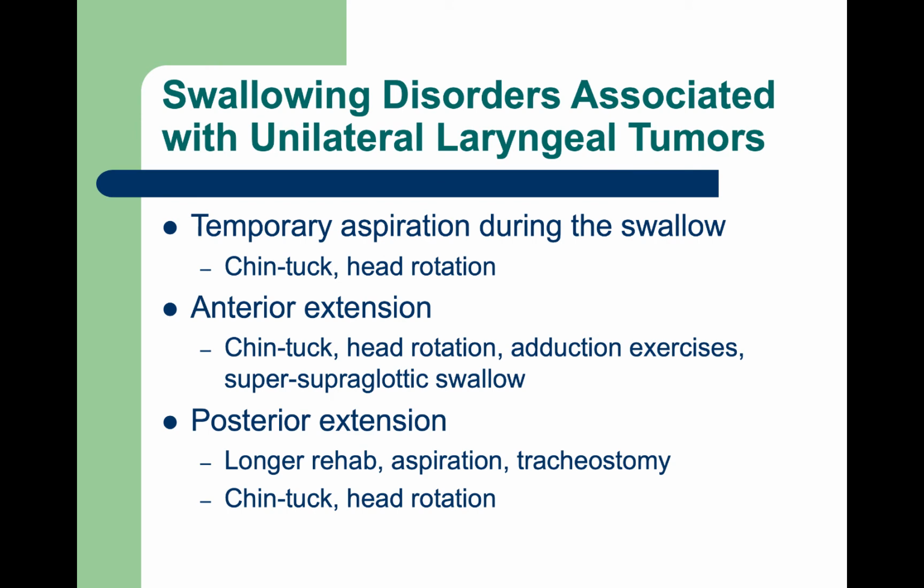Let's now look at swallowing disorders associated with unilateral laryngeal tumors. So when the tumor is located on the free margin of one vocal fold, what happens is that the surgeon removes 1/2 of the larynx. So when we're talking about half the larynx, this includes one false fold, the space beneath it, one true vocal fold, and a portion of the thyroid cartilage on the same side.